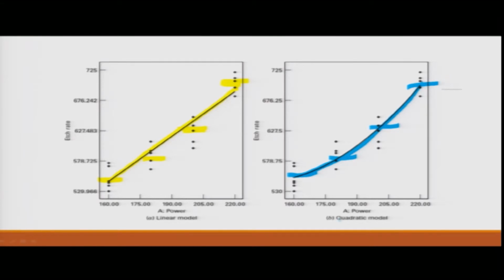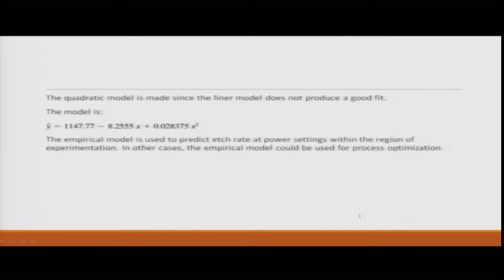It need not be that quadratic is the best; it can be cubic, square root, whatever it is. The quadratic model is used since the linear model does not produce a good fit. Let me put the equation in the right perspective: Y is equal to beta naught plus beta 1 x1 plus dot dot plus beta k xk plus epsilon.